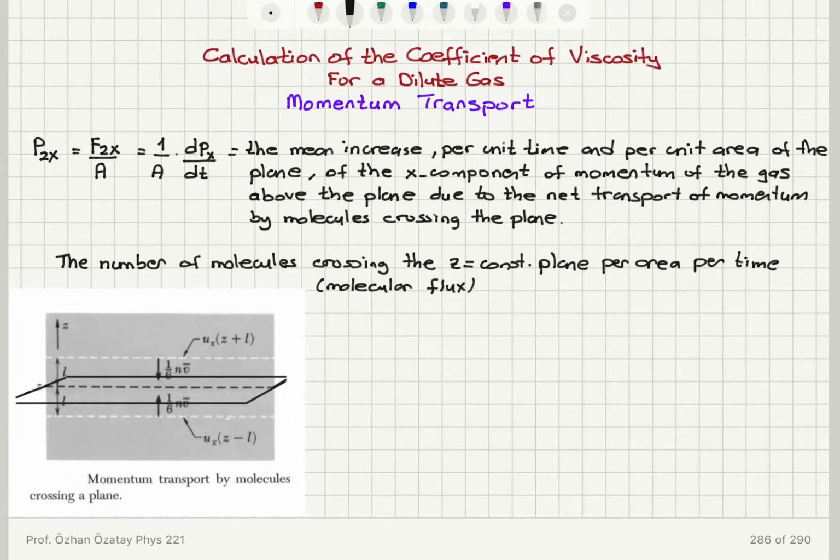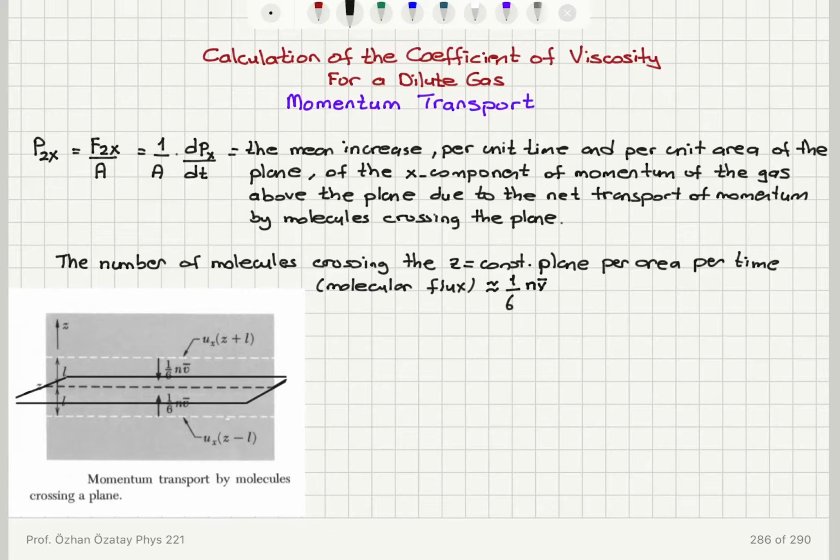So we would have 1/6 of those molecules. So this can be approximated as 1/6 the number of molecules per unit volume multiplied by the mean speed per molecule. So number per volume times dz/dt, you would have number per area per unit time. So that's the molecular flux.